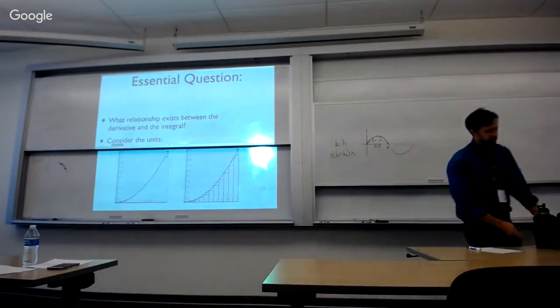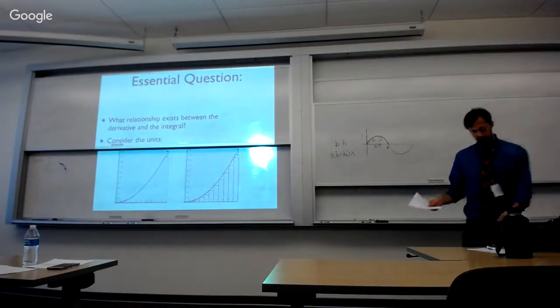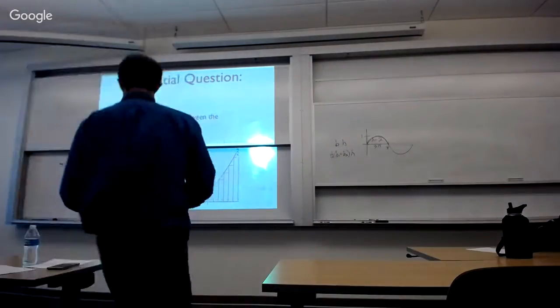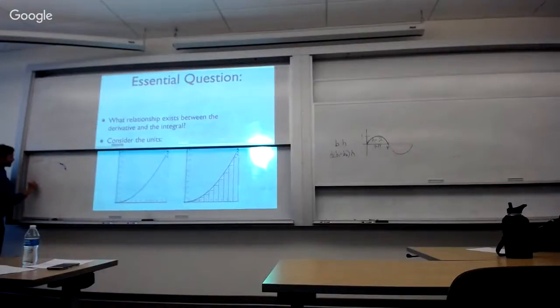So in derivative calculus, we were finding the slope between 2 points that are infinitely close. So that's derivative calculus. Whereas in integral calculus, we were finding the area of a rectangle that is infinitely thin.